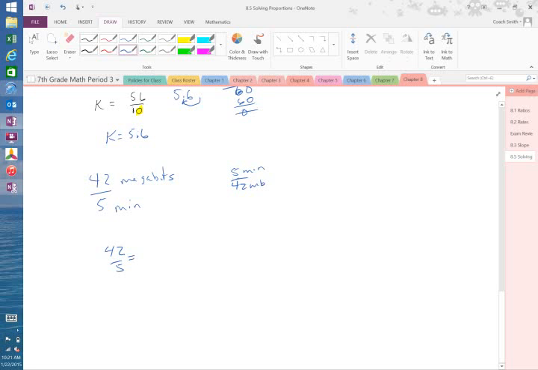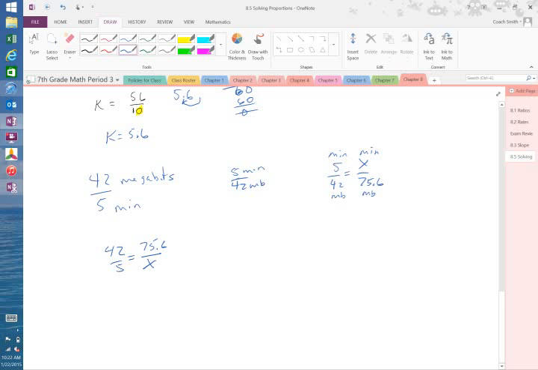So, on the other side, we're missing the minutes, and they've given us 75.6. Once again, your proportion could be set up like this. Either one is correct. What you've got to make sure is that this here is minutes and minutes, megabytes, megabytes. You can't flip the two.